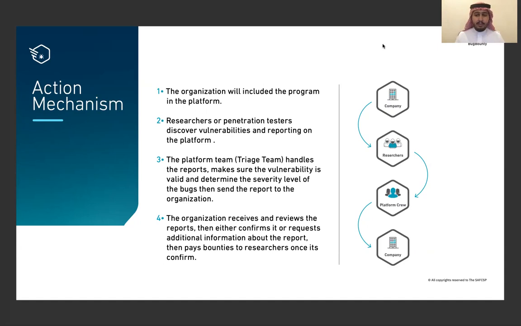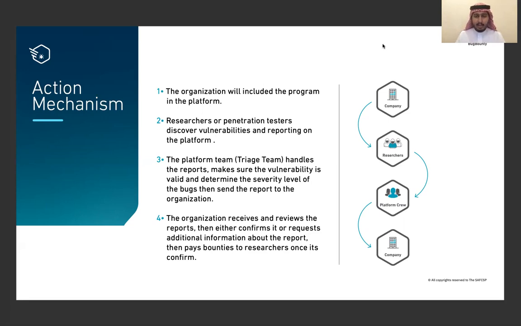After they report the vulnerabilities, the evaluation team will evaluate the report based on the severity of the finding and assign a bounty based on your budget. There is a maximum bounty you can specify in the platform, and based on that value, the calculation of the bounty will be conducted.